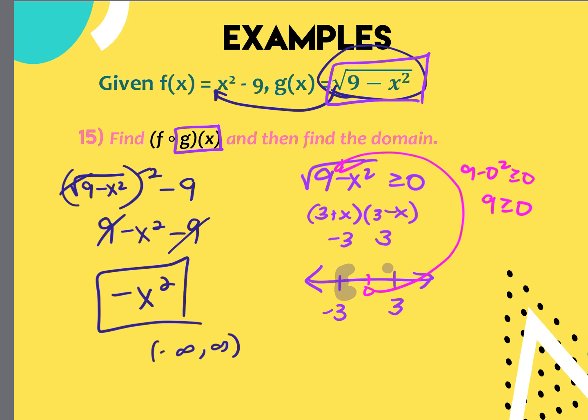So I would keep the middle part. So if there were two restrictions, which is the next example, if there's a restriction here and a restriction here, we graph it and only where it overlaps is what we keep. This time there's only a restriction here, so we only have to worry about that one. So the domain is from -3 to +3.